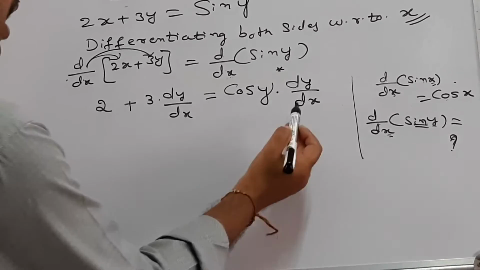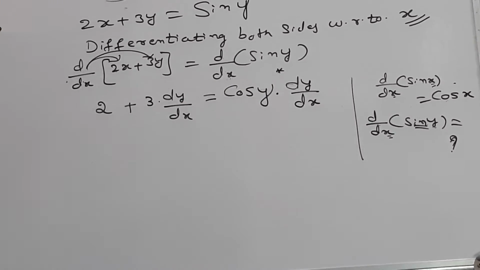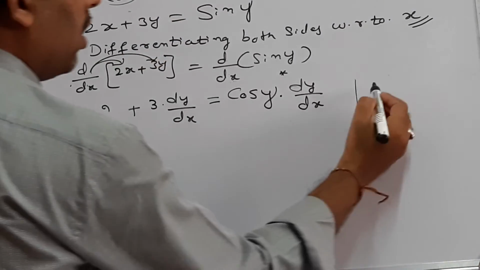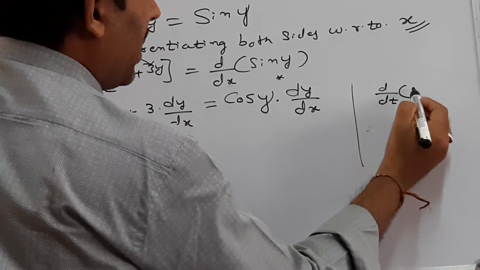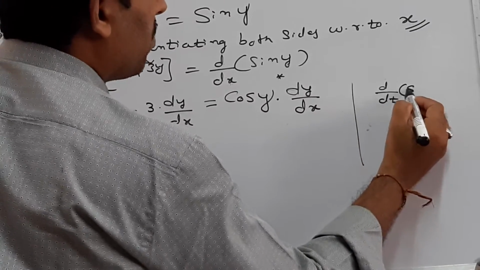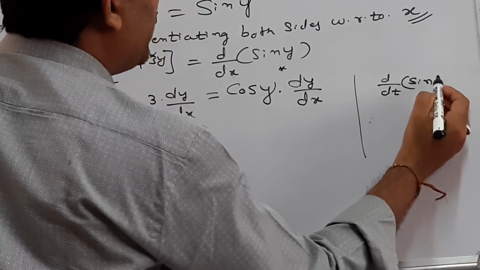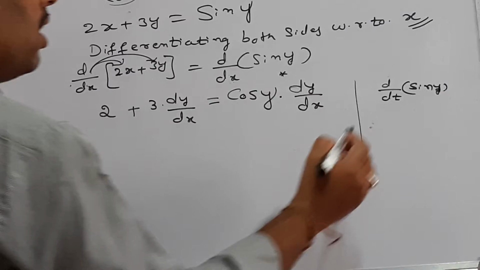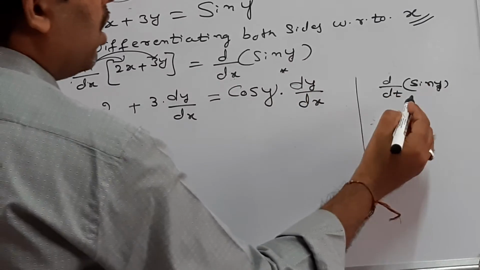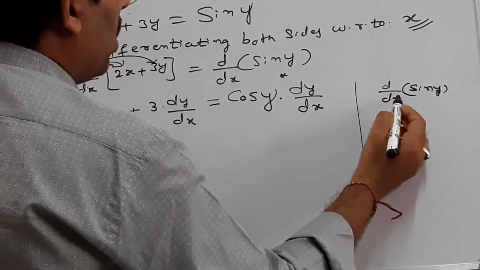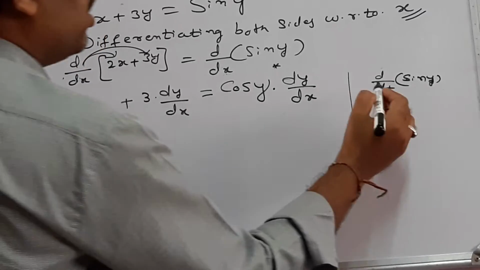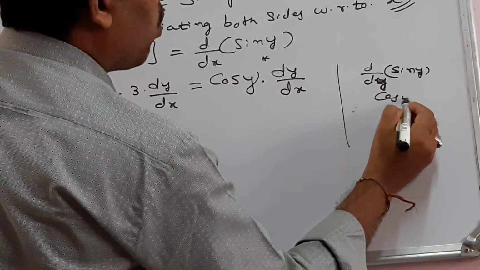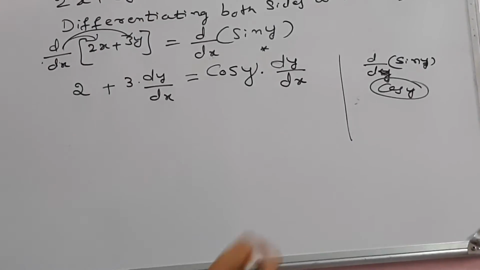So that I have written on the right hand side, cos y into dy by dx. Let me show you. If I write d by dy of sin y, then I can write cos y, that's it.